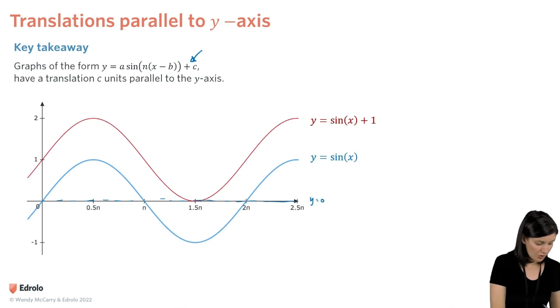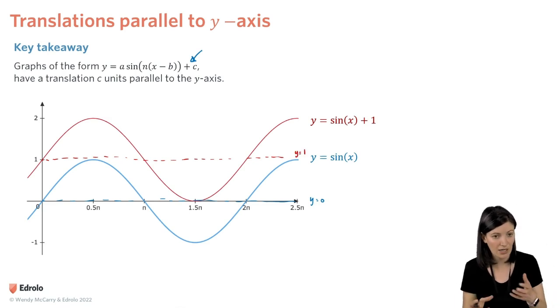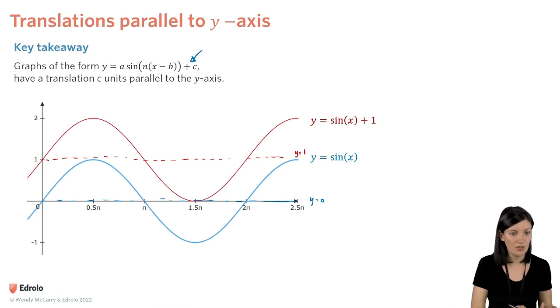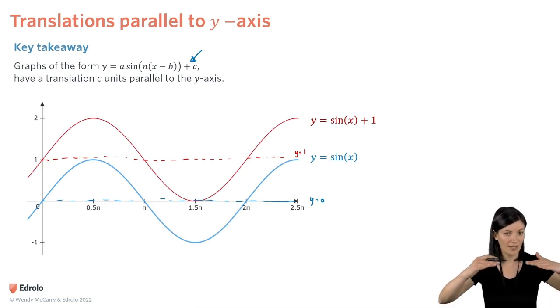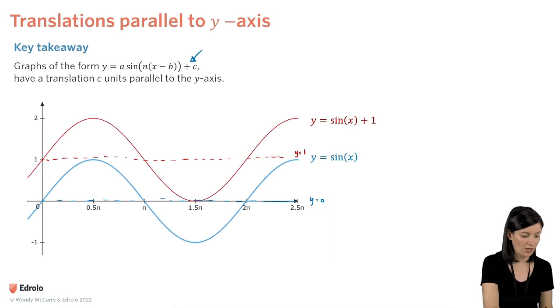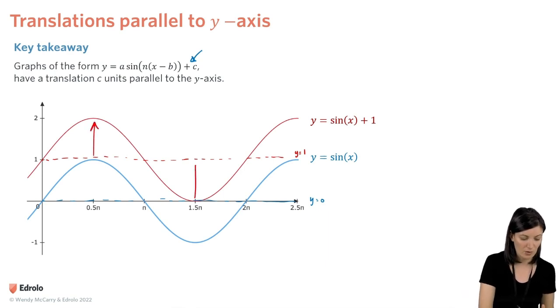I'll draw it in red for the translated graph. If I just draw in the line y equals 1, and you don't need to draw these on your graph, it can just help when you're doing vertical translations, you can see that line's been translated up, and I've got y equals sine x plus 1 equidistant from that center line to the maximum or to the minimum point.